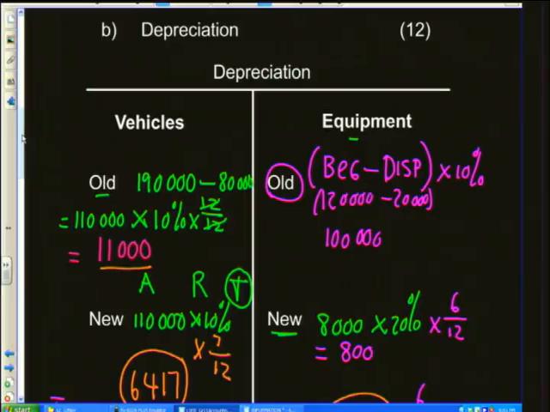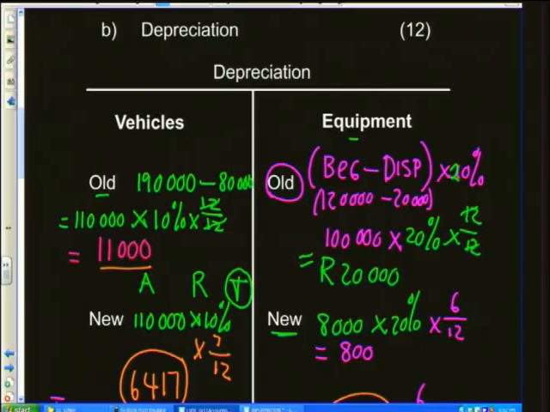So on that 100,000, I'm now going to provide my depreciation, which should be 20%. Let's just quickly change that. So times 20%. The old equipment would have been used for the entire financial year, and that obviously cancels out. So the additional depreciation that I'm writing off on the old equipment is this amount of 20,000.